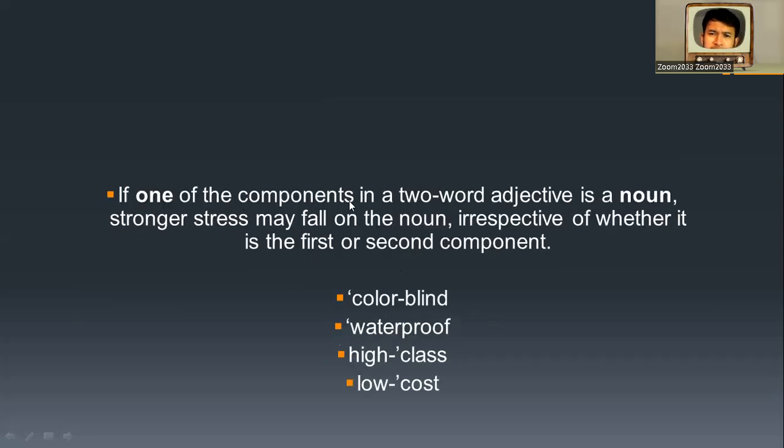If one of the components in a two-word adjective is a noun, stronger stress may fall on the noun, irrespective of whether it is the first or second component. For instance, colorblind, waterproof, high class, low cost. So the stress is here in the first and also in the second.